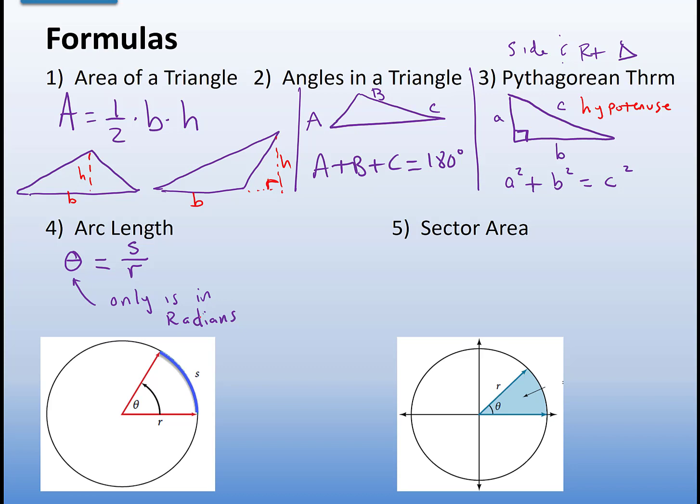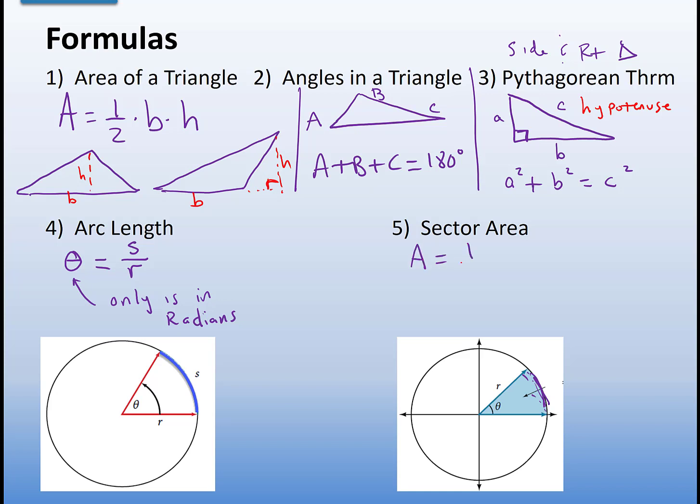Next, if we have a sector. Now a sector is not a triangle because it has this extra curved piece on top of it. So it's got a rounded edge there, but it's like a slice of pizza or a piece of pie. And we have a formula for the area of a sector.